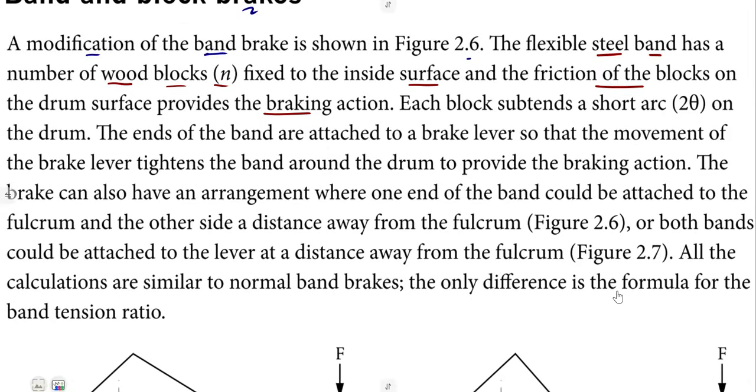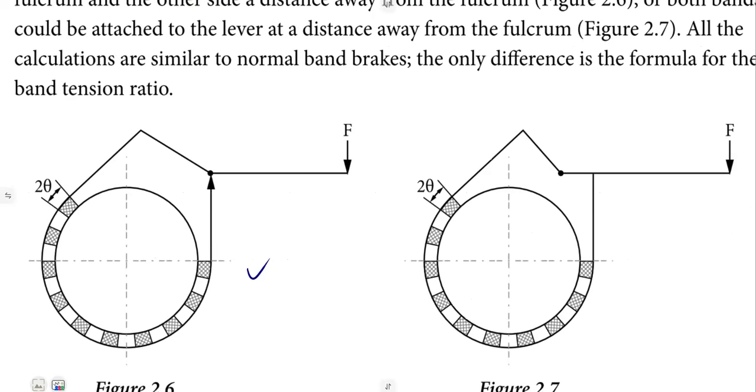So they are wooden blocks. The wooden blocks in this case, if you are to consider this section, you'll be having the blocks, and in between there is a space.